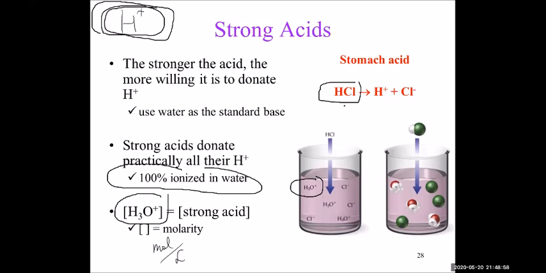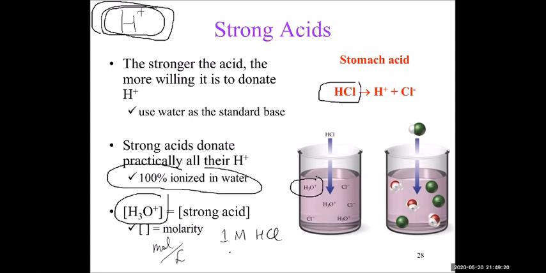So if I say the reagent in the lab is labeled 1 M HCl, 1 M hydrochloric acid, we know in 1 liter of the solution there should be 1 mole of HCl. But since it's a strong acid, there's no more HCl molecule in water.